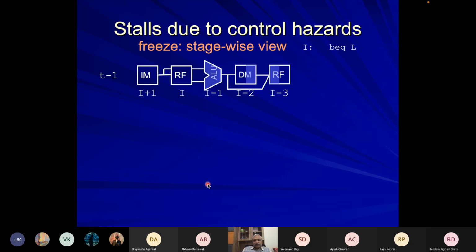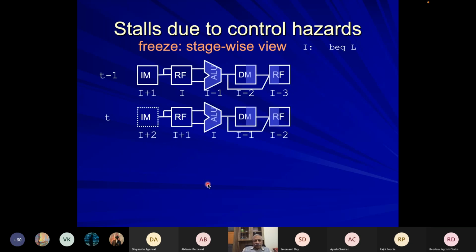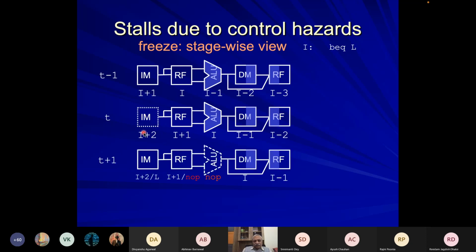The freeze approach would mean that instruction I plus 1 has come in, and it will be left there, but we don't bring in I plus 2. After this, once you have decided whether to branch or not to branch, if the idea was to go inline, then I plus 1 is still there.